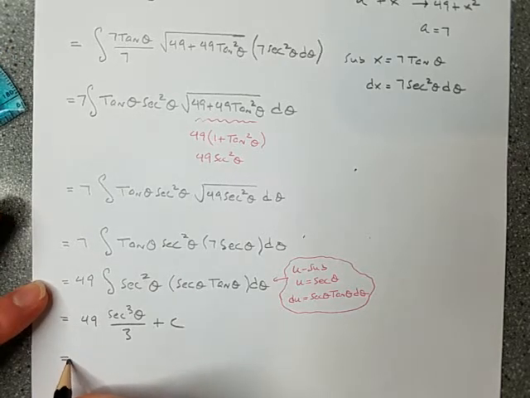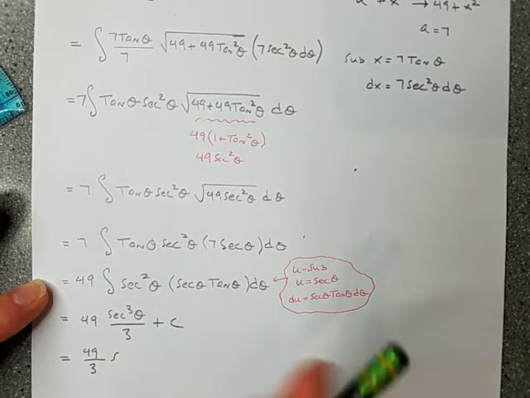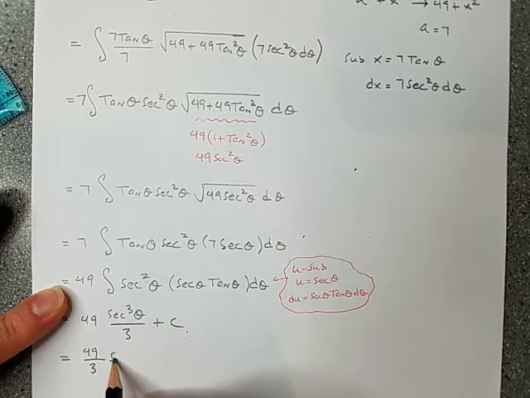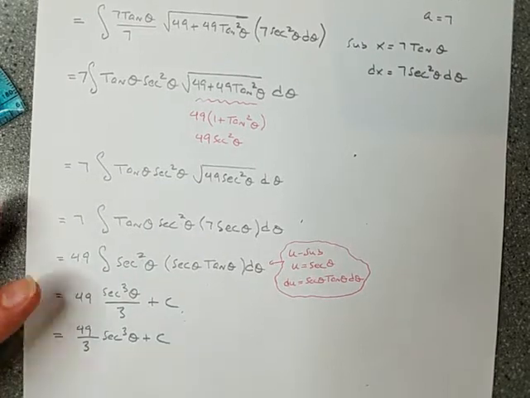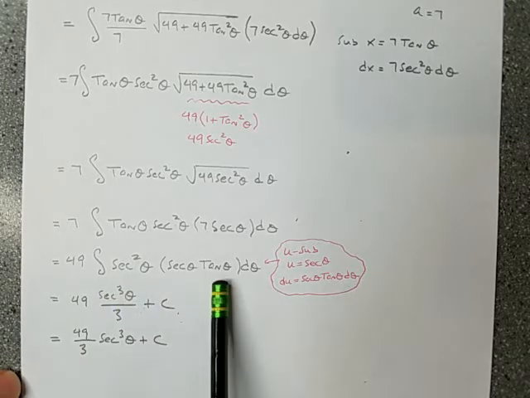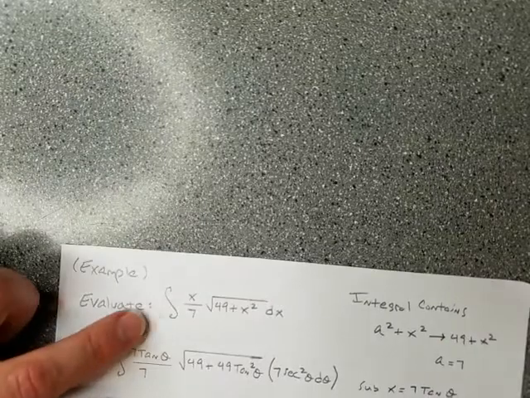Let's just say 49 thirds to group the constants together, times secant to the 3rd power, plus c. Okay, and then like we've mostly done at this point, that's the antiderivative. When I got here, I could find the antiderivative, the ultimate goal of the problem to start with, right?